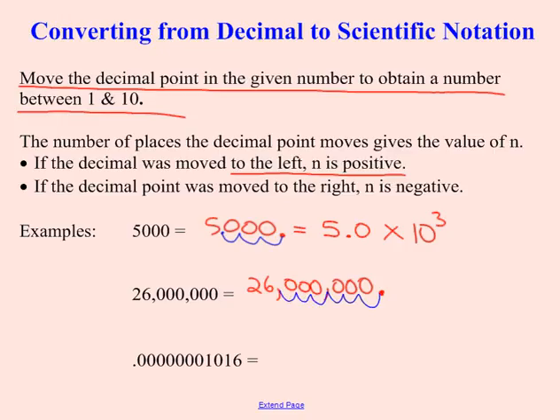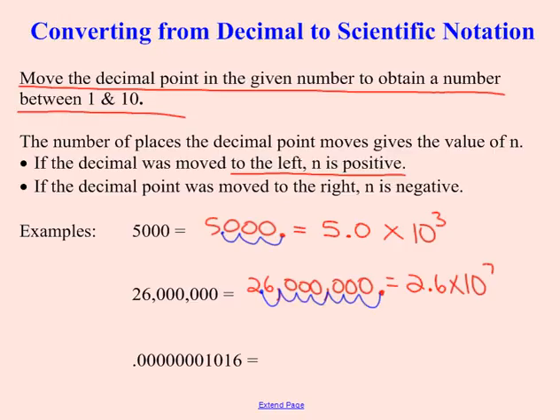That would give us the number 26, but that's not going to work. We move it one more time, 7 places, to get the number 2.6. So we have 2.6 times 10 to the, we moved it 7 places to the left, so again that's going to be a positive 7 exponent. 2.6 times 10 to the 7th.